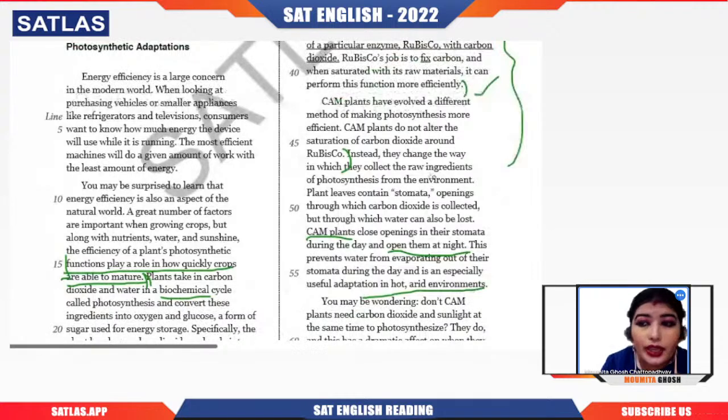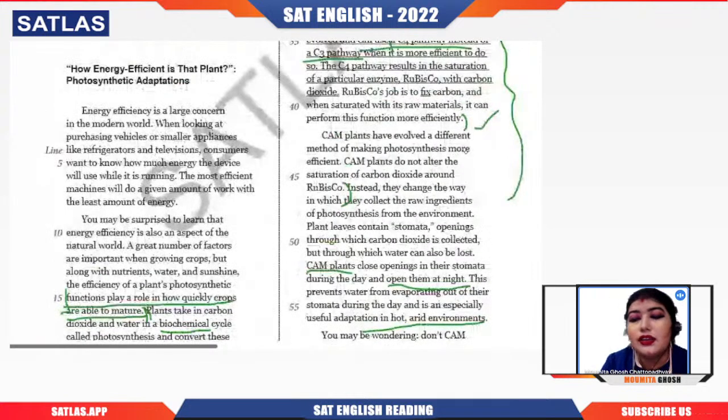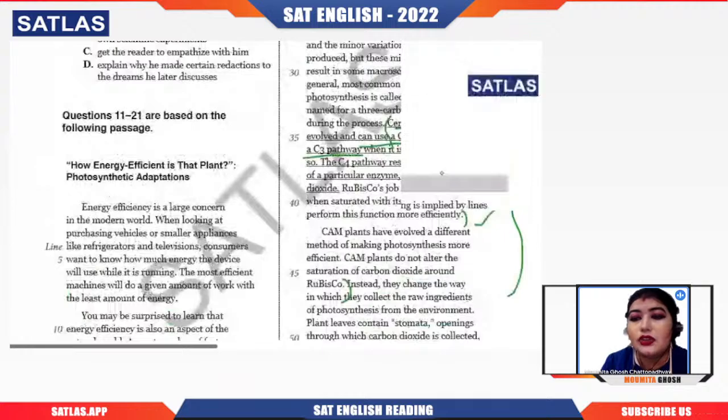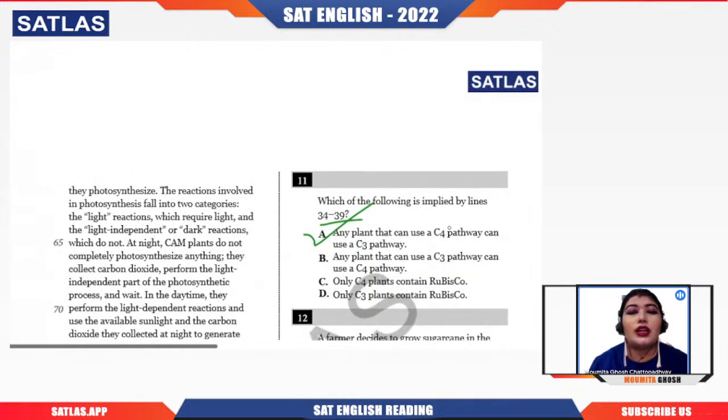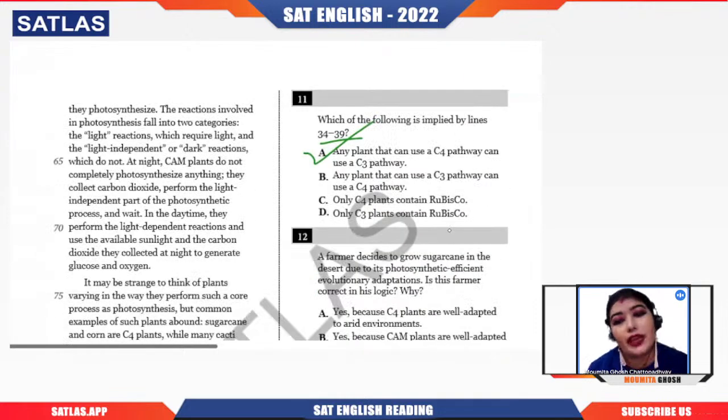Okay, this line means this thing. So our question 11 right answer is number A. Any plant that can use a C4 pathway can use a C3 pathway, but any plant that uses a C3 pathway cannot use a C4 pathway. So our correct answer is option number A.